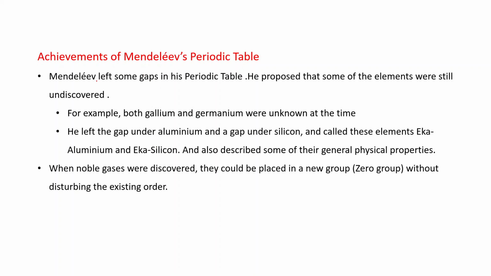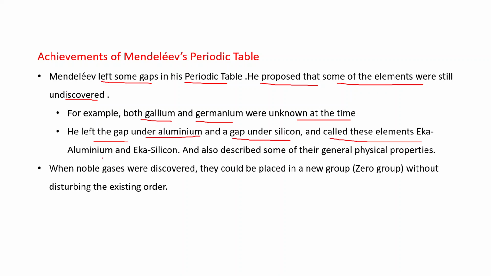Another achievement: Mendeleev left some gaps in his periodic table. He proposed that some of the elements were still undiscovered. For example, both gallium and germanium were unknown at the time of Mendeleev. He left a gap under aluminium and a gap under silicon and called these elements eka aluminium and eka silicon, and also described some of their general physical properties.